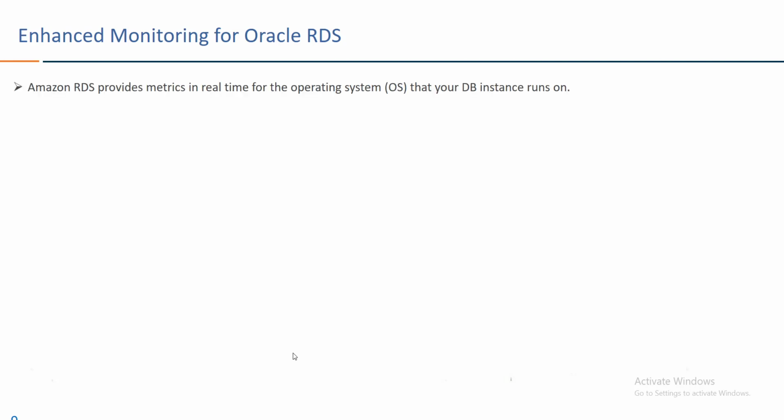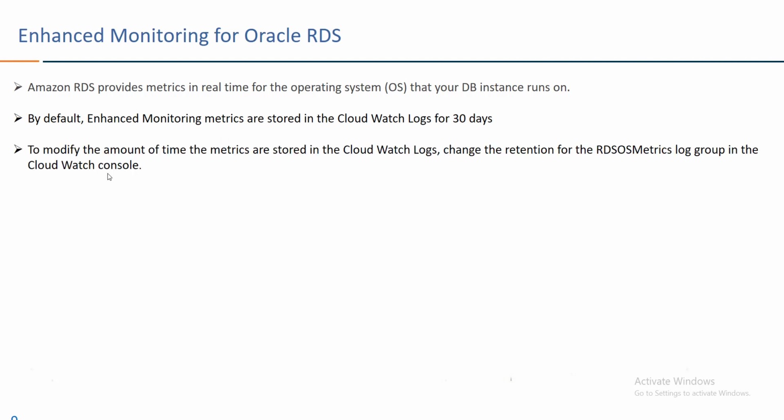Oracle RDS provides metrics in real time for the operating system that your database instance runs on. By default, enhanced monitoring metrics are stored in the CloudWatch log for 30 days. To modify the amount of time the metrics are stored, change the retention period for the RDSOSMetrics log group in the CloudWatch console. This enhanced monitoring is not on by default. You have to enable it because cost is associated with it.